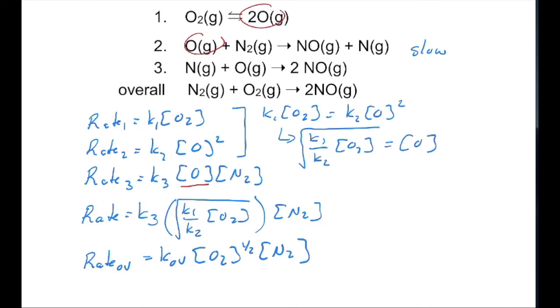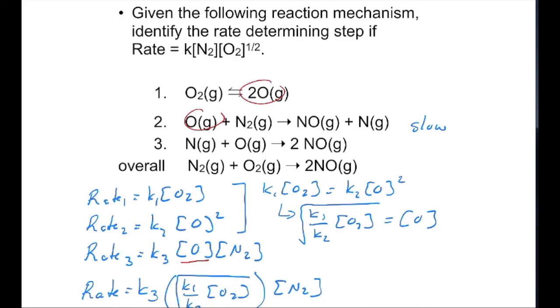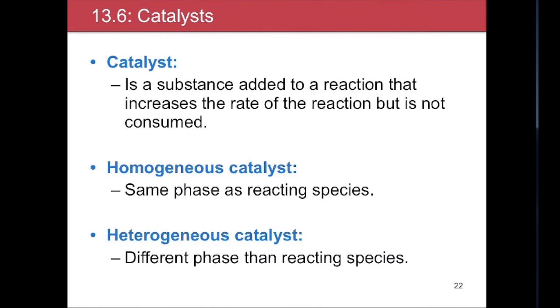And if our rate law that we determined from step 1 and step 2 matches the rate that is observed, which it does, that means that we chose step 2 correctly as being the slow step.